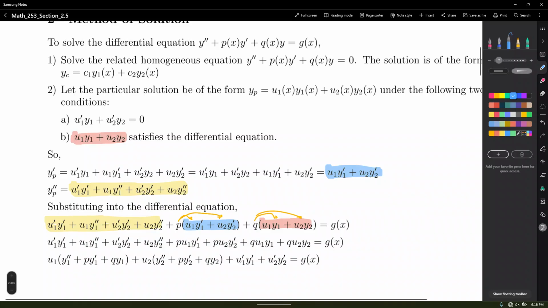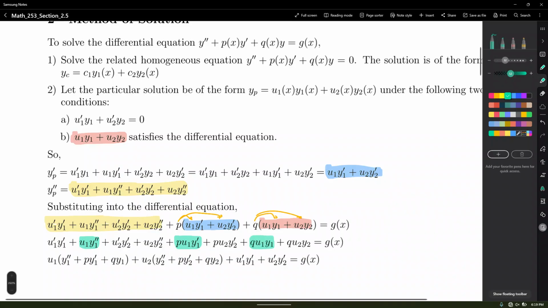In this next line we have a bunch of terms. What do we do with all of those terms? I'm going to highlight with green all terms containing u1: u1, another u1 here, and then another u1 here.